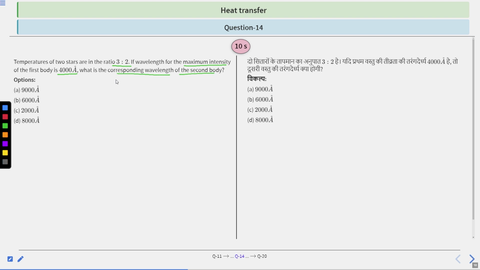Options: A is 9000 angstrom, B 6000 angstrom, C 2000 angstrom, and D 8000 angstrom. So which option is correct? You have 10 seconds to solve this question. After 10 seconds, we will provide the solution.